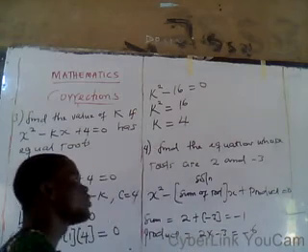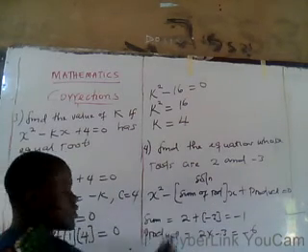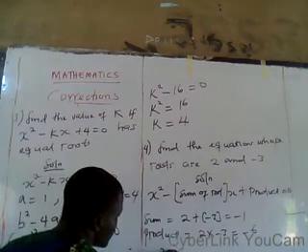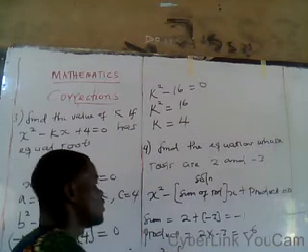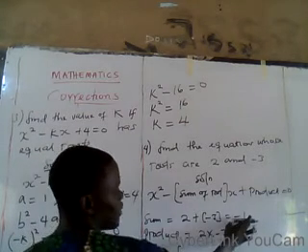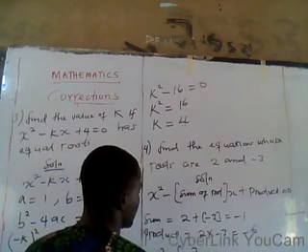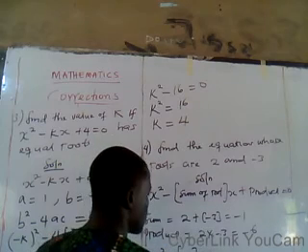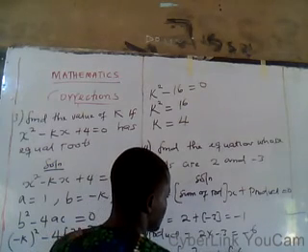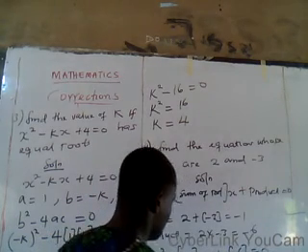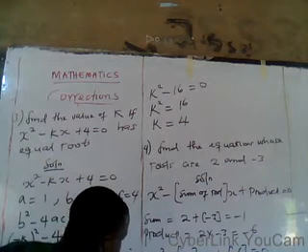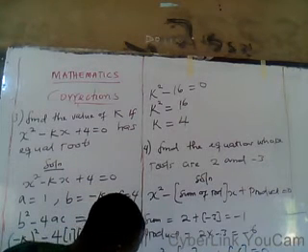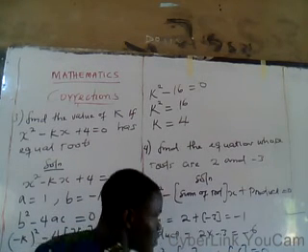So using this formula, it will be x squared minus (minus 1) x plus (minus 6) equals 0. So we have x squared plus x minus 6 equals 0.